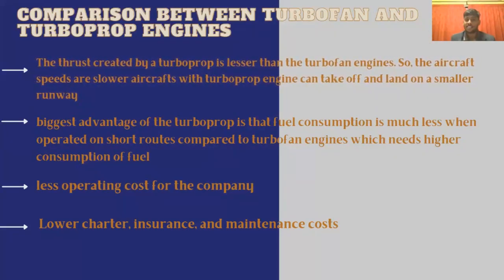The thrust created by a turboprop is lesser than that of turbofan engines, so slower aircraft with turboprop engines can take off and land on a smaller runway. The biggest advantage of the turboprop is that fuel consumption is much less when operated on shorter routes compared to turbofan engines, which need higher fuel consumption.